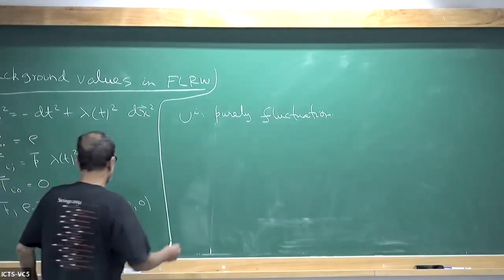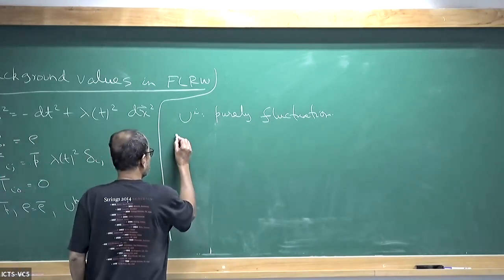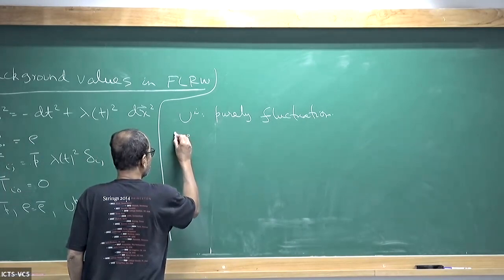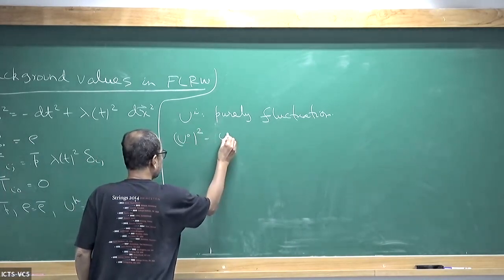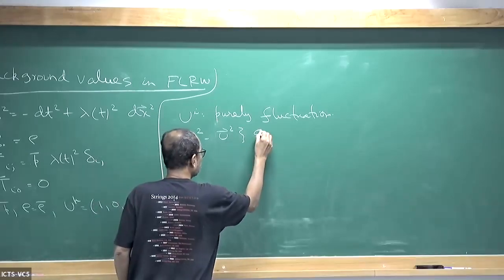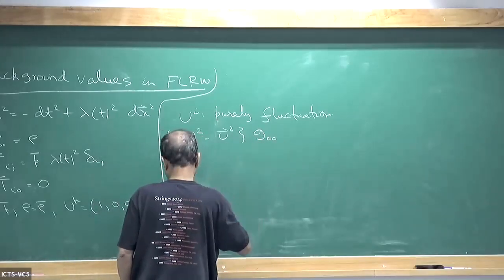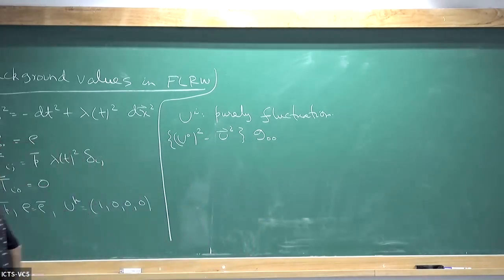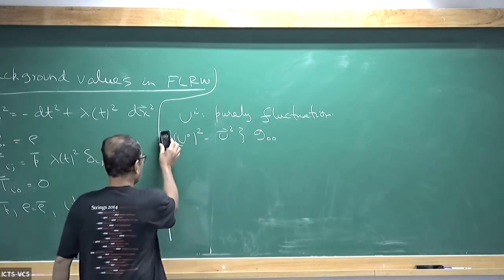And U0 satisfies the normalization condition. Now you're considering the fluctuating metric.